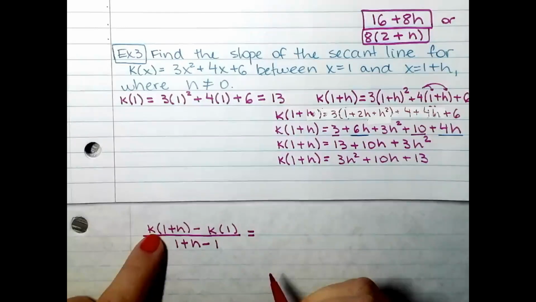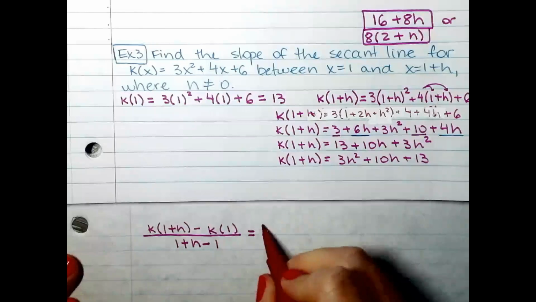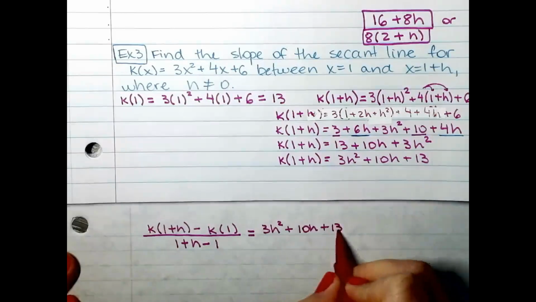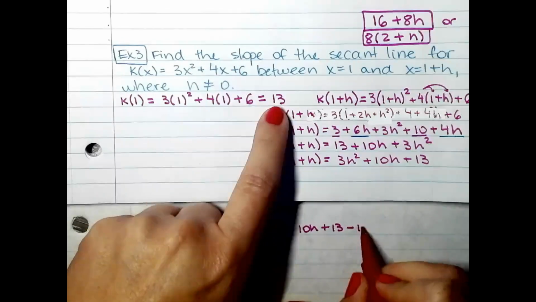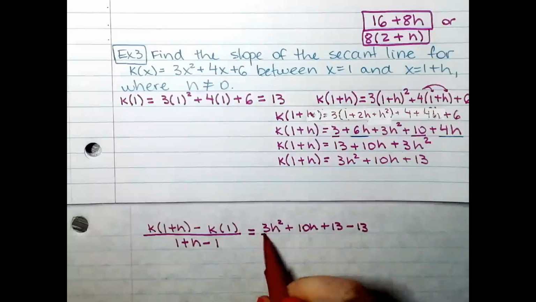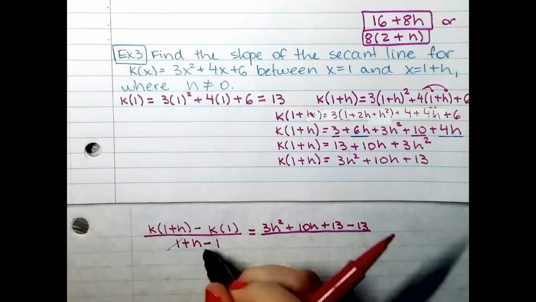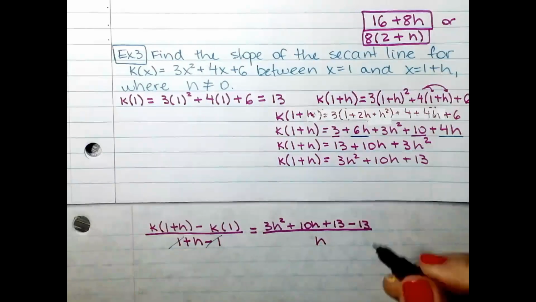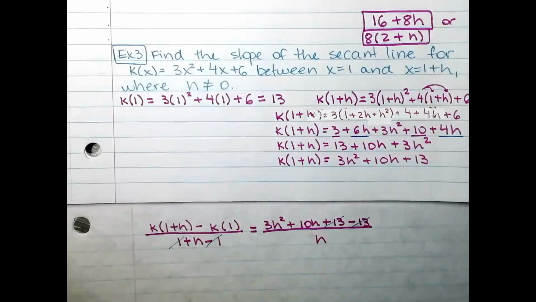Okay, k of 1 plus h is this expression right there. Minus k of 1. k of 1 is 13. Everything over 1 minus 1 is 0. So I only have h left. I will simplify. 13 minus 13 is 0.